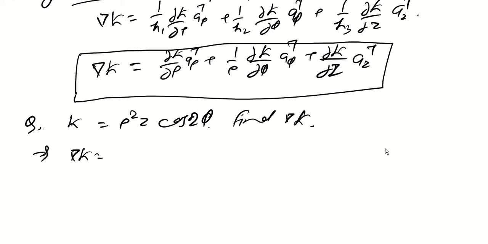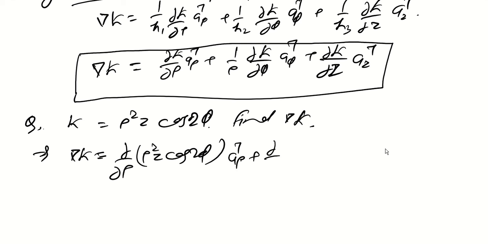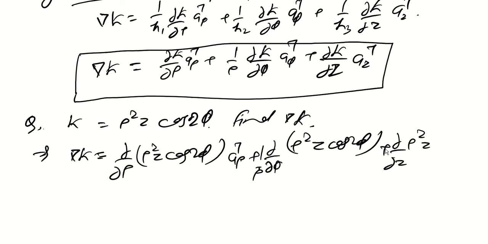So del k will be dou k by dou rho a rho. So we will differentiate with respect to rho of k, where k is rho square z cos 2 phi, a rho, plus dou by dou phi, 1 by rho is common, of rho square z cos 2 phi, plus dou k by dou z, so dou by dou z of rho square z cos 2 phi, and this is az.